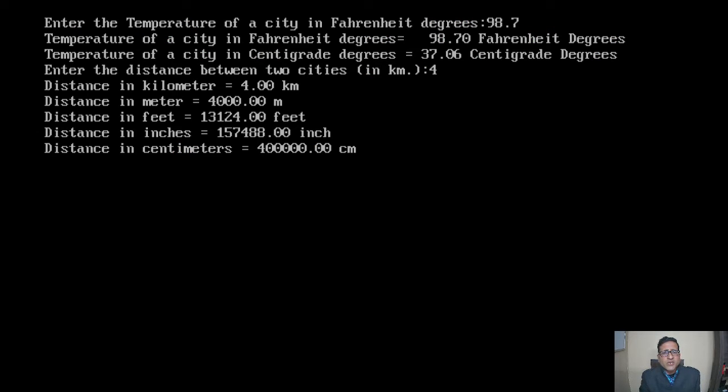Now it is giving exactly the right answer, that the distance between two cities is 4 km, the distance in meters is 4000 meters, distance in feet is 13124 feet, and distance in inches is 157,488 inches, distance in centimeters is 4 lakh centimeters. So you can confirm it from the calculator also.